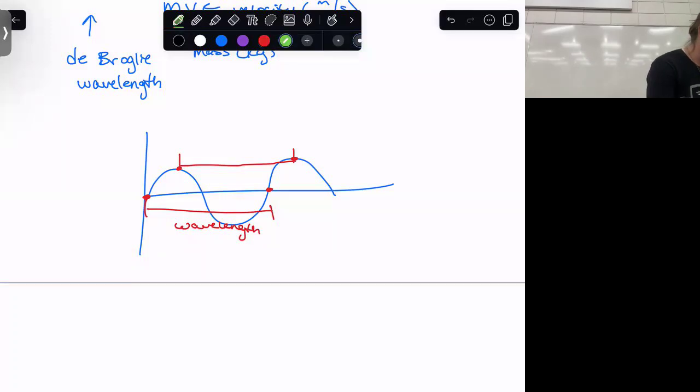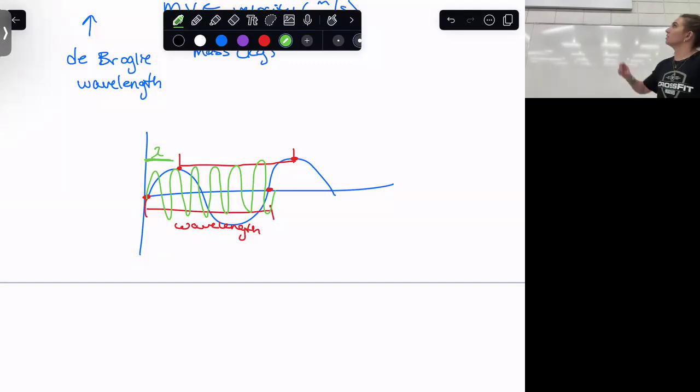You could also have a wavelength that looks like that, and that wavelength is going to be much shorter, right? Because it only takes this much time for your wavelength compared to the red one. And that's related to period, or frequency, due to the speed of light.